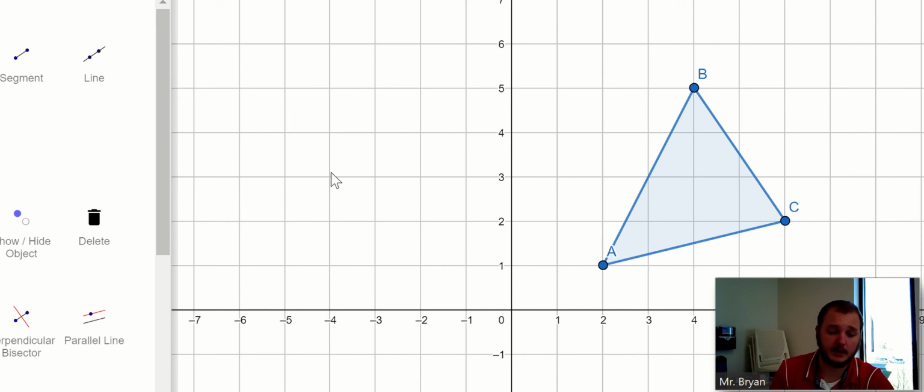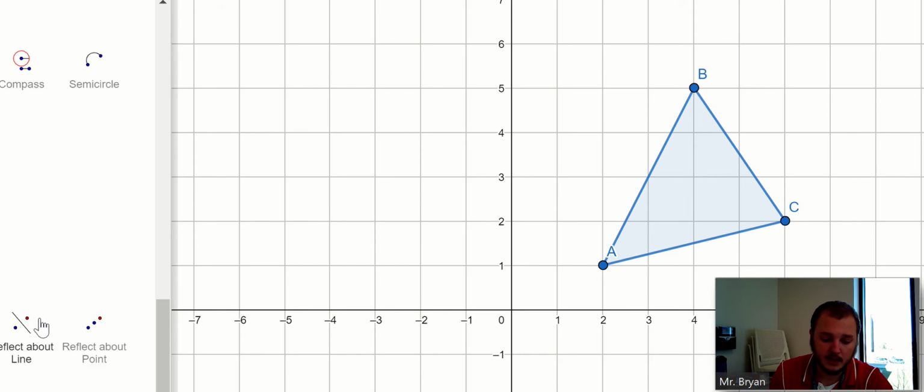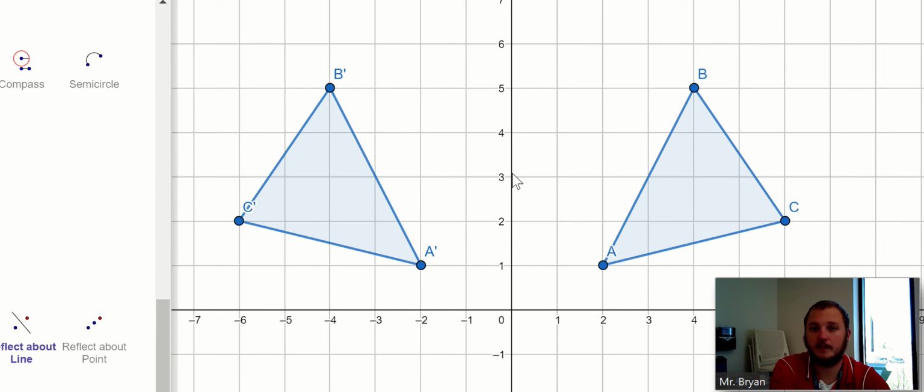So I'm going to take this triangle and reflect it over a line, the y-axis, using the tools on this website. When I do that, it pops out a mirror image. Notice it goes right over the y-axis. This is what we call reflection. A word to go along with this would be flip, or mirror. So this is the first piece.